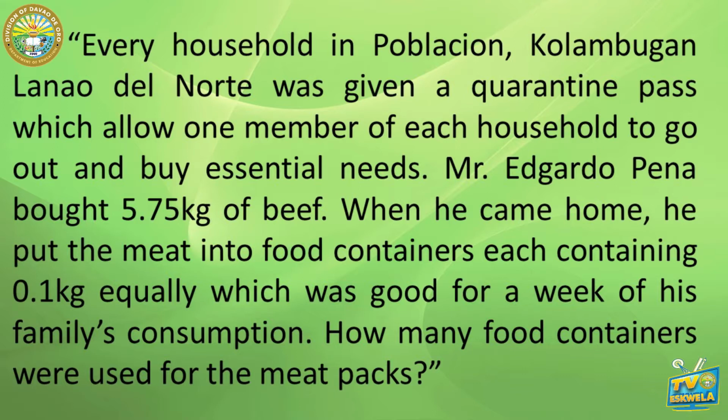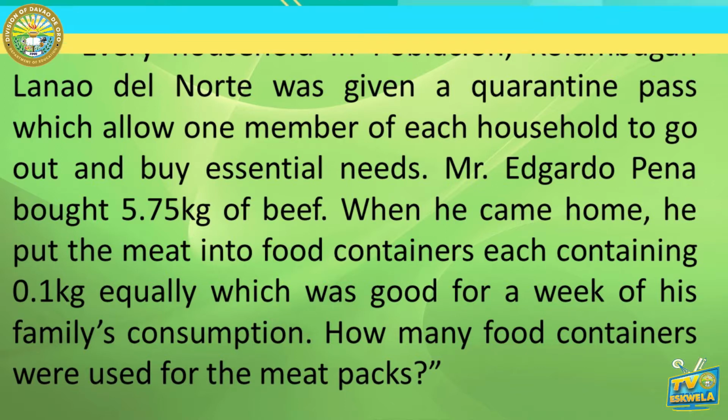Mr. Edgardo Pena bought 5 7/75 kilogram of beef. When he came home, he put the meat into food containers, each containing 1/10 kilogram equally, which was good for a week of his family's consumption. How many food containers were used for the meat packs?